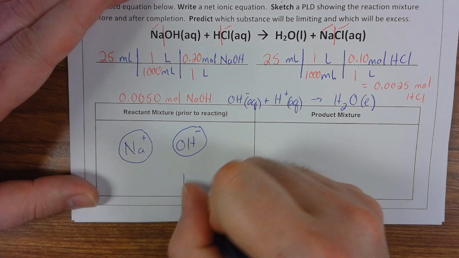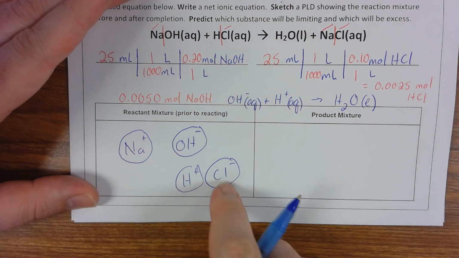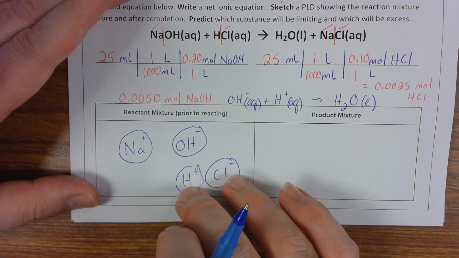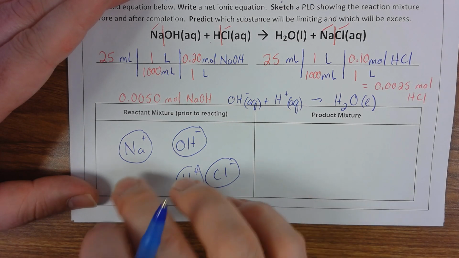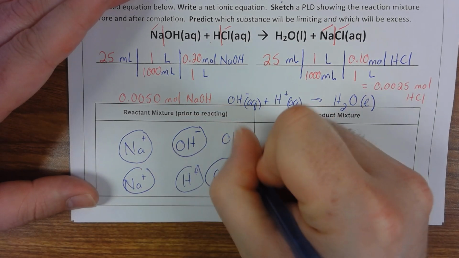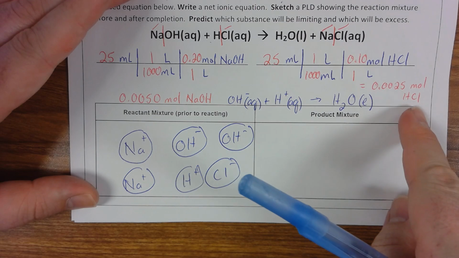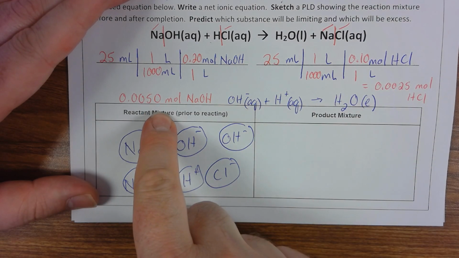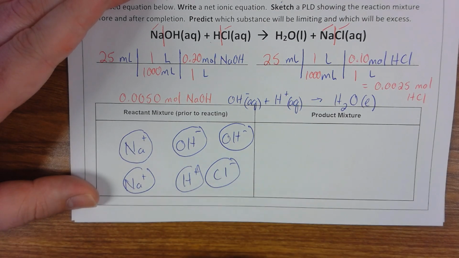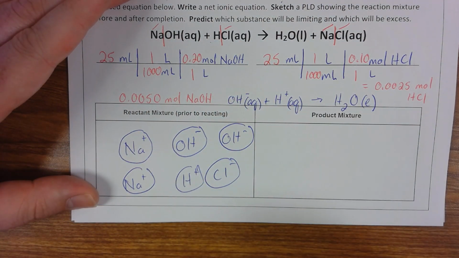Well, I can draw H plus and Cl minus just like this, and that would be a 1-to-1 ratio, where there's 1 NaOH for every HCl, but I need it to be 2-to-1, so I'm going to draw an extra NaOH floating around in here. And now I've got that 2-to-1 ratio in my drawing, reflecting the fact that there's twice as much NaOH as there is HCl, and yet they're still all dissociated. The Nas from the OHs, the Hs from the Cl minuses.